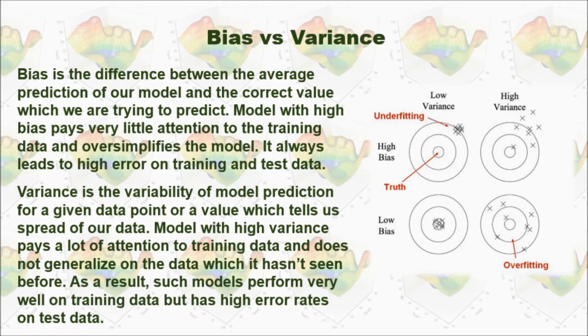How about when our center is also the center of the true data, but our estimates are scattered around? This is called overfitting.